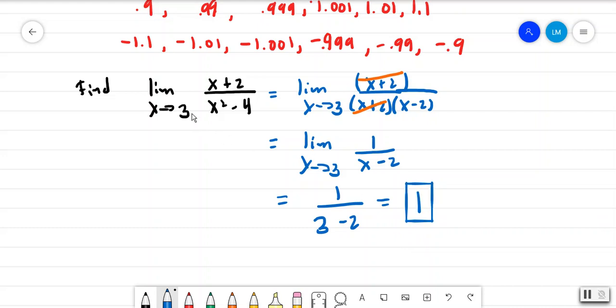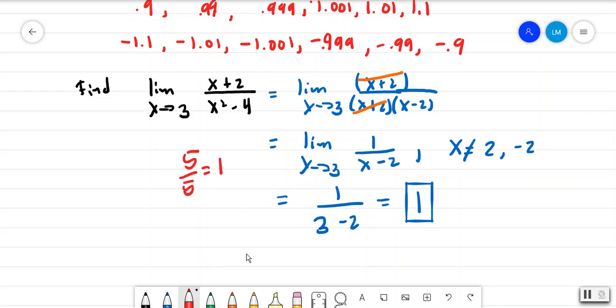Of course, it technically did not matter whether we simplified it or not, because I knew automatically that it was not undefined at 3. Over here, I know that it's undefined at 2, and also undefined at negative 2. The logic is that 3 is not either of these two, so I can just plug it in and say that's really just 5 divided by 5, which is equal to 1.